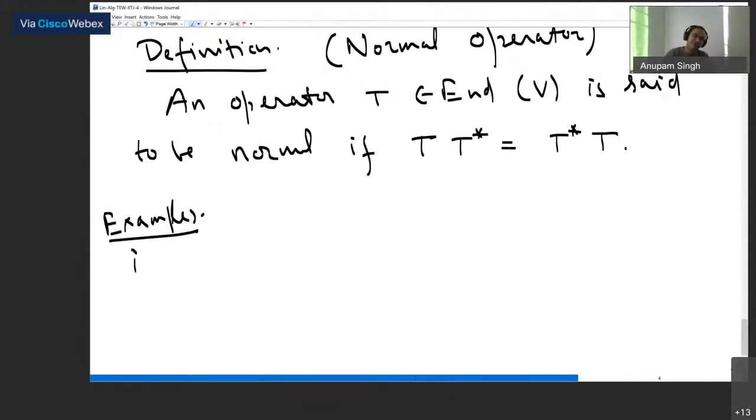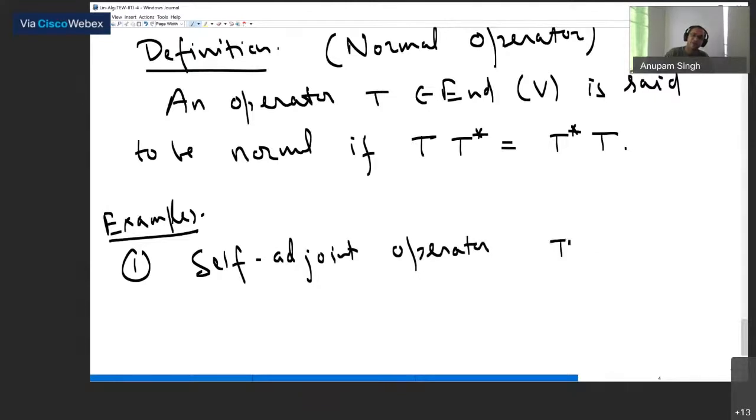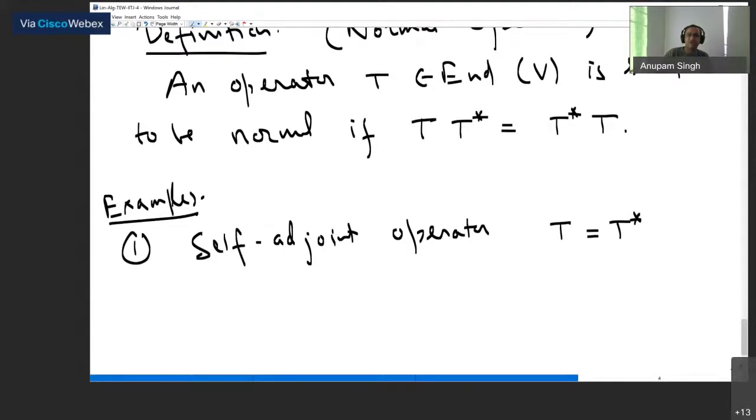The first example is what we call a self-adjoint operator. A self-adjoint operator is the one for which T is equal to T star.